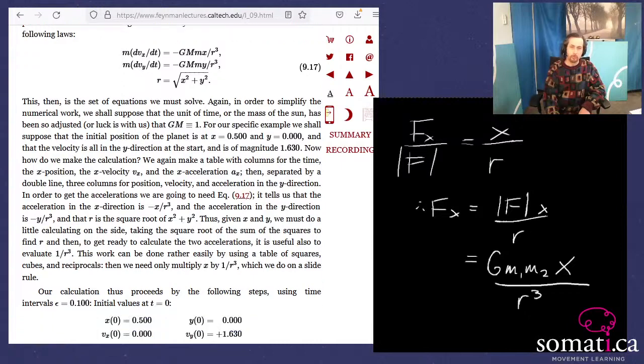The initial position of the planet is x = 0.5 and y is 0. And the velocity in the y direction, okay, we're assuming this.